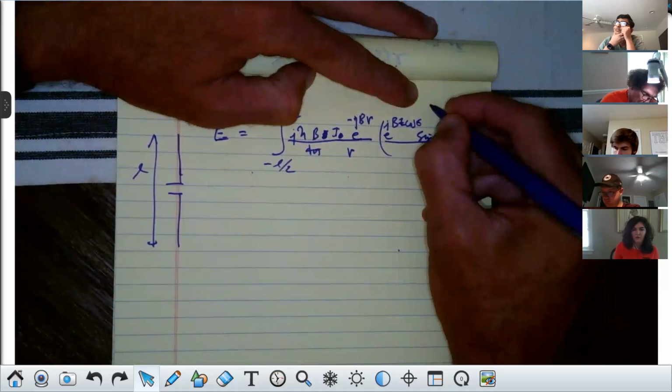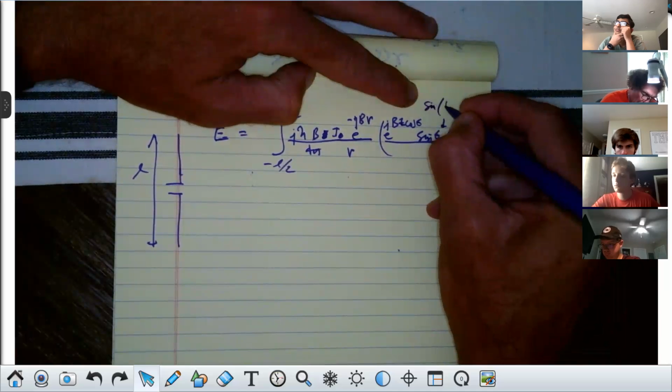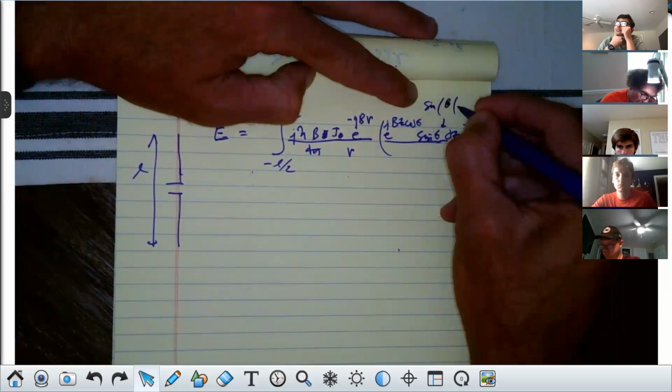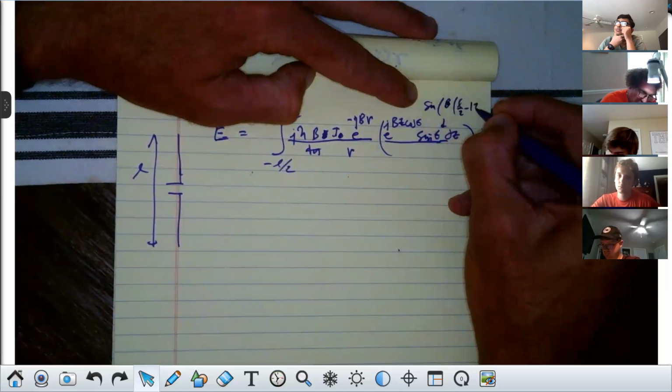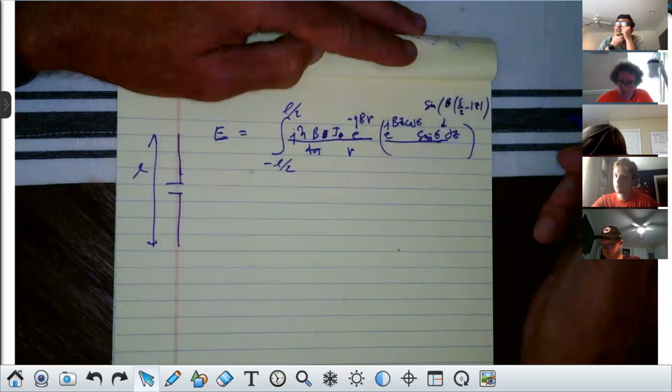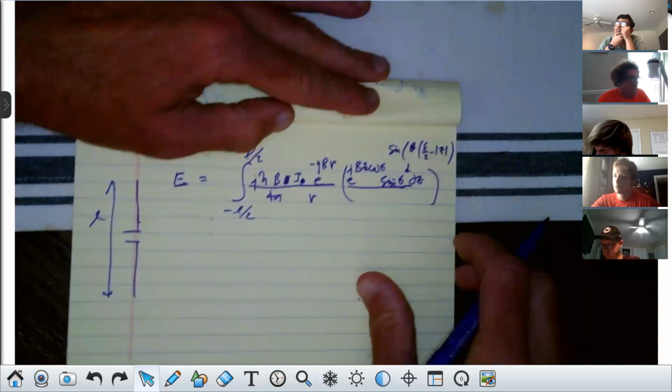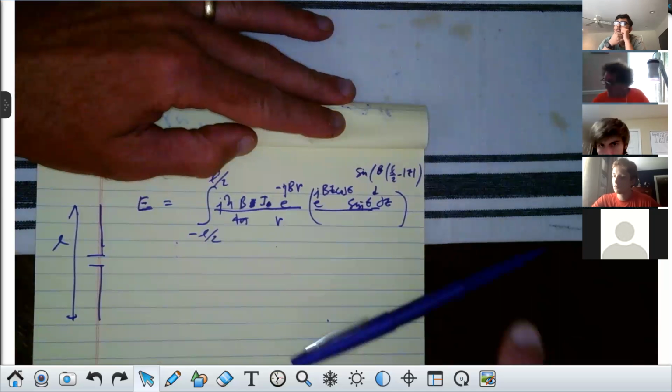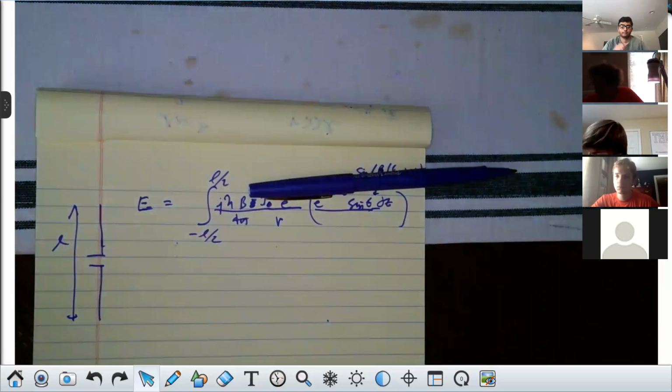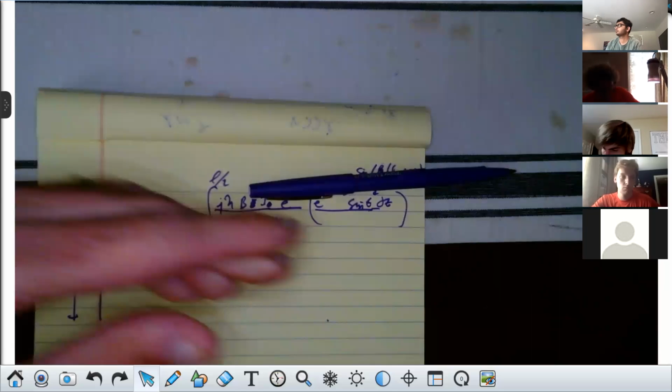This would be equal to the sine of beta times L over 2 minus magnitude of z. What page is that on in the book? That I don't know, but I'll give it to you in a second.